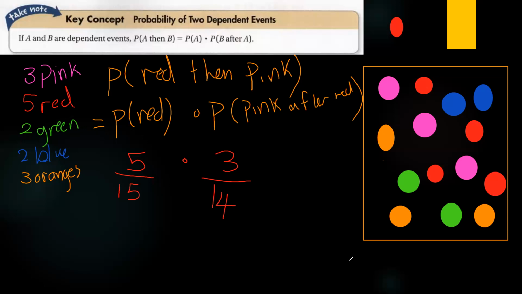After I take one of the red and keep it outside, how many marbles do we have now in the box? We have 14. And how many pink? We have 3. So the probability of getting pink after I take the red outside the box is 3 over 14.